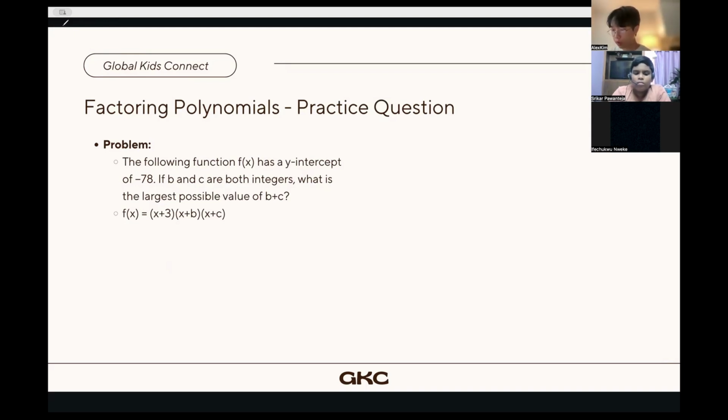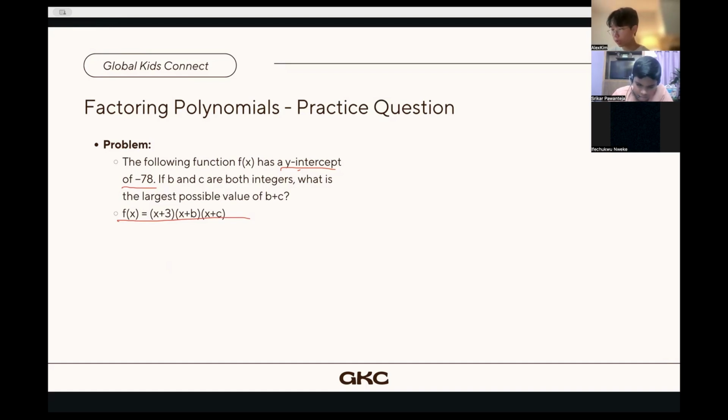Okay, so we are given a polynomial f(x) where we don't know two of the numerical values, b and c, but we do know that the y-intercept is negative 78, and that b and c are both integers.